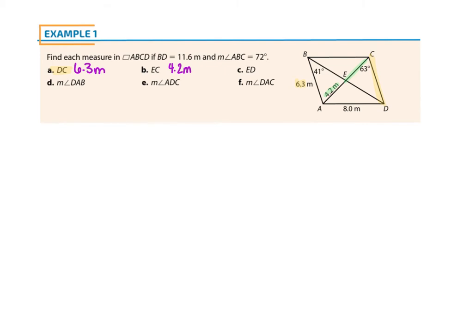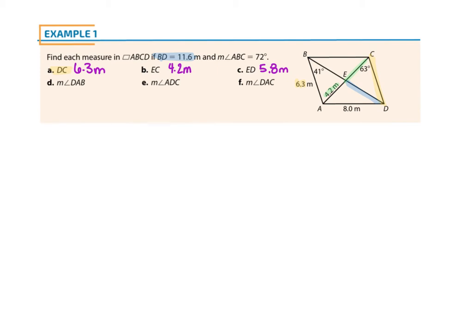So E to D is right here. Well, in the information B to D, which is the whole length, is 11.6. Again, we know they bisect each other. That's the entire length, so we're going to cut that in half. So then we know this is 5.8. It's half of the entire length that it gave us.